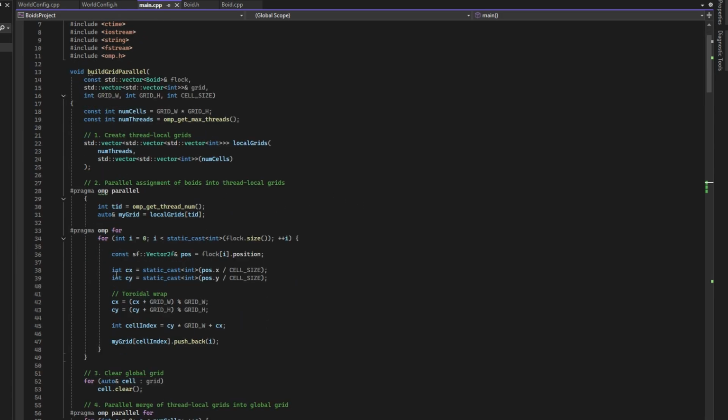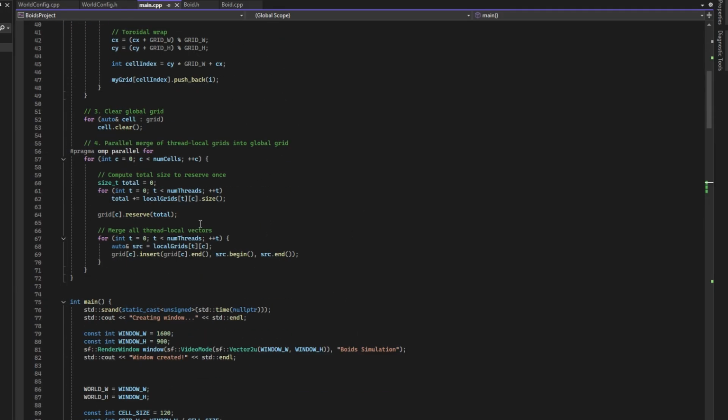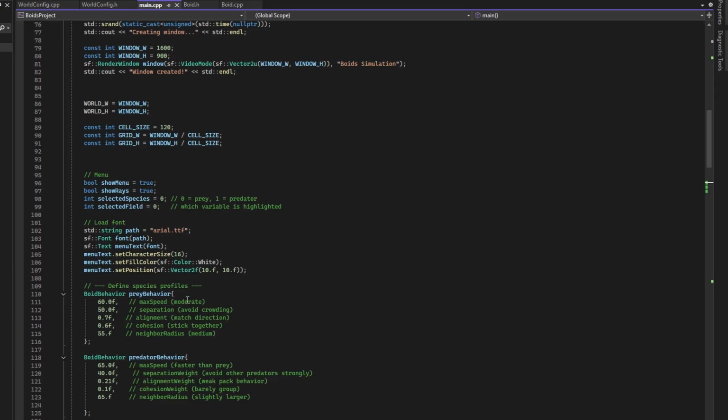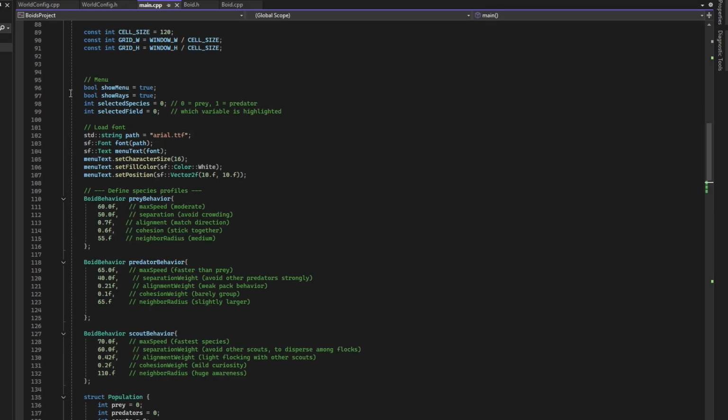So it takes the size of the window and divides it into a grid, and the grid is 120 pixels by 120 pixels. Then they only look into their neighbor areas. Then I also have some variables set up for the menus and whether or not to show the awareness rays.